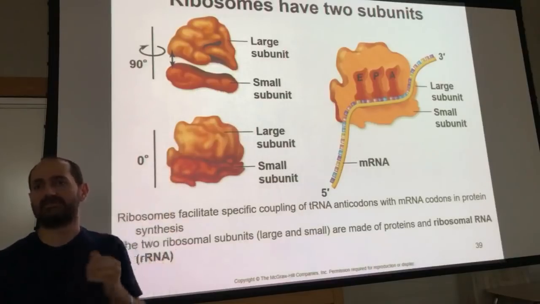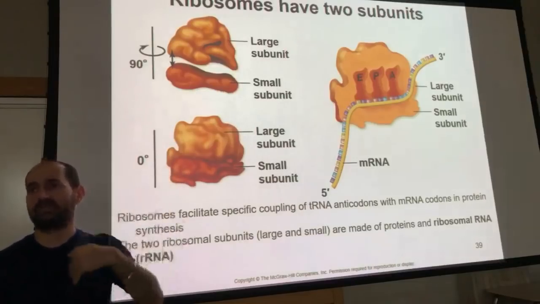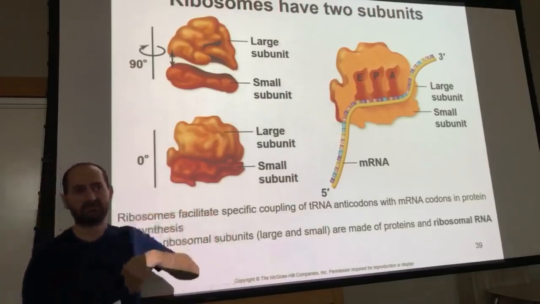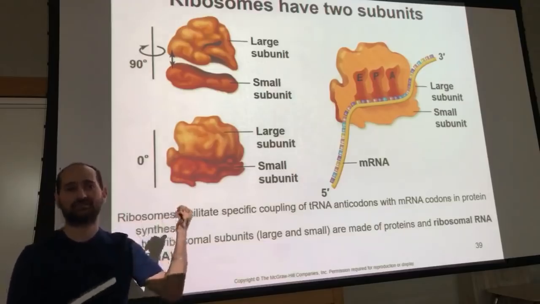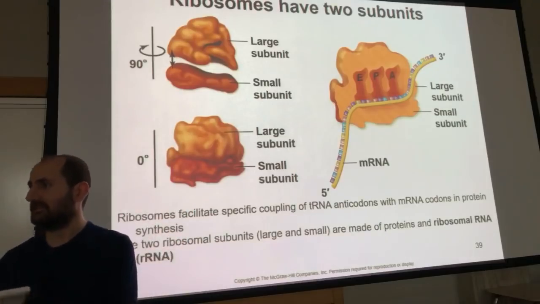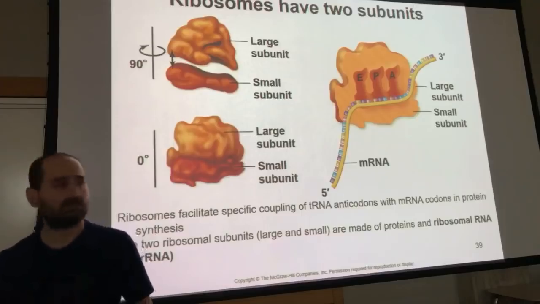Eject, right? And what does the A site do? Accepts the charged tRNA. So that's what we need to know for the exam: A site accepts charged tRNA, E site ejects tRNA, and the P site, peptidotransferase activity, makes the peptide bond. Very straightforward stuff.